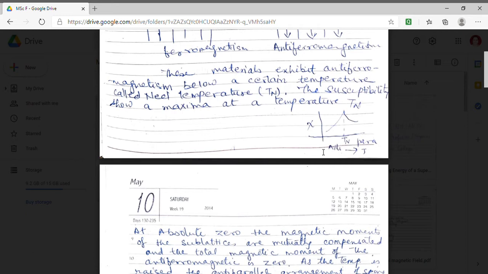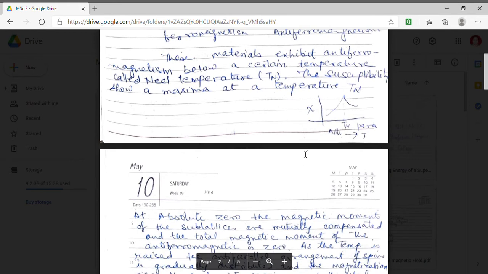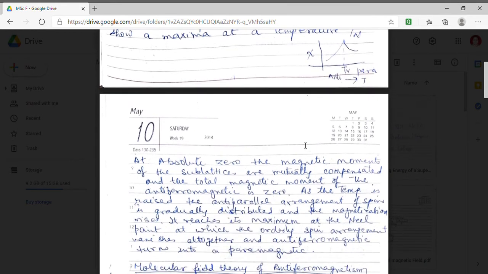But as we increase the temperature, there is a disturbance in the antiparallel arrangement, hence the material will have some magnetic moment. So susceptibility increases, and this increase continues till the Néel temperature. At the Néel temperature, the orderly spin arrangement vanishes altogether and an antiferromagnetic material turns into a paramagnetic.